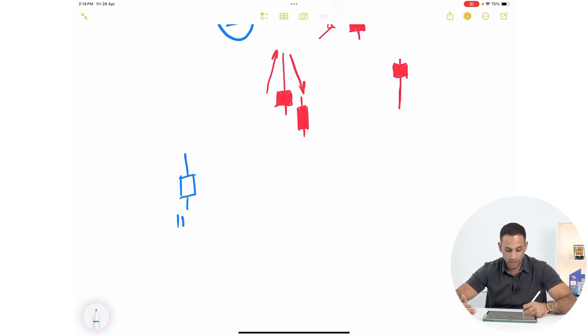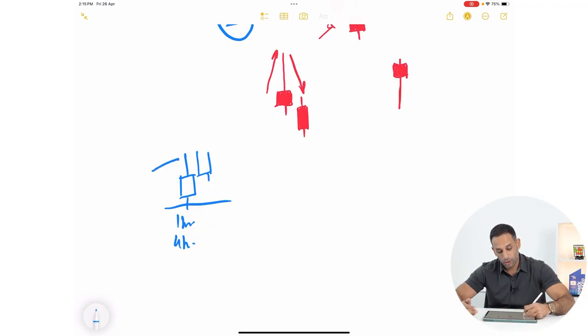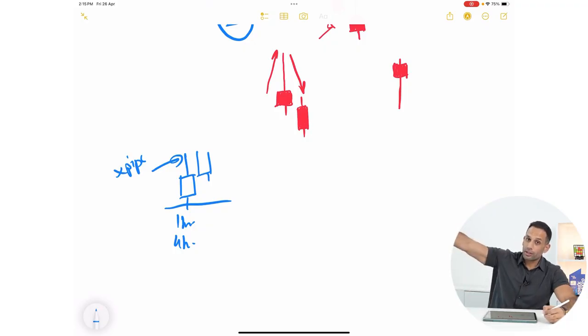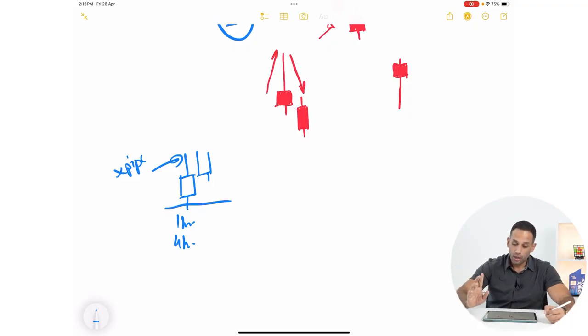Let's say this is the 1 hour or 4 hour time frame, and you're expecting the next candle to fill this wick, and it's probably X pips. That's basically wick fills. If you have jumped over modules to get to this one, don't do that. Go back to the WickFill module, watch that, and then circle back over here.